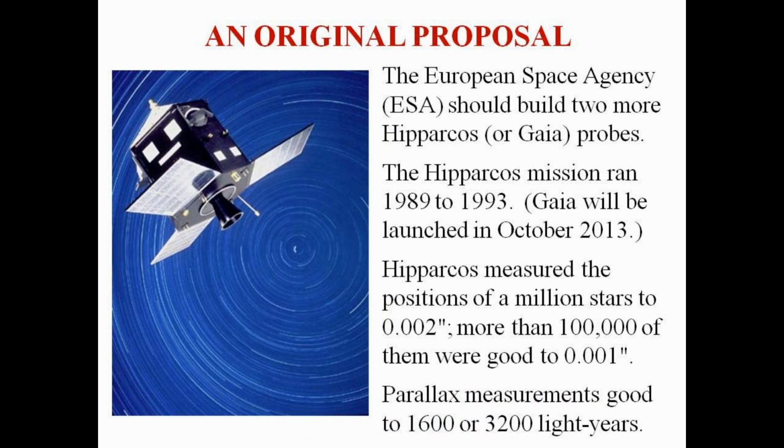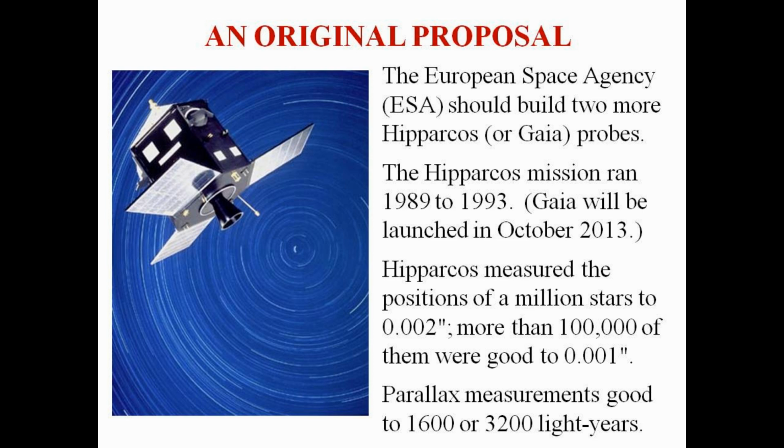Now, how would we do that? Here's what I suggest be done. The European Space Agency should build 2 more Hipparcos satellites, or if the Gaia probes work out as expected, do 2 more of those. The Hipparcos mission ran from '89 to '93, and the Gaia one will be launched this October.